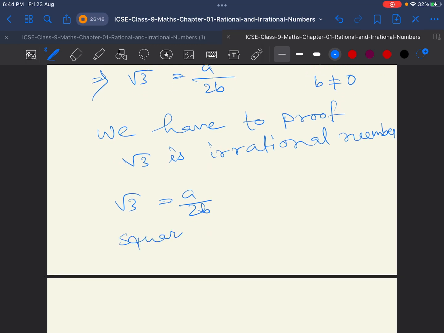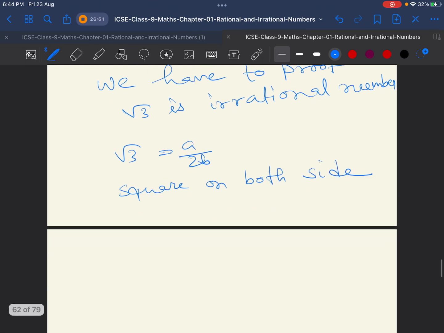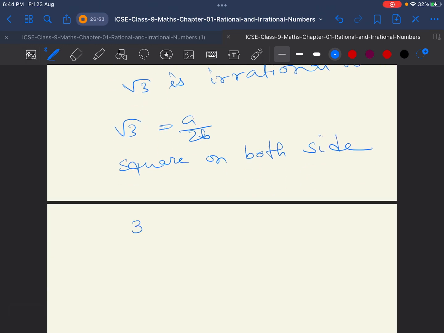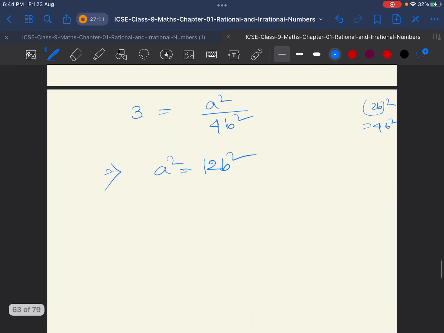Now square on both sides, so we get root 3 square is 3 equals a square by 2b square, 2b square, this is 4b square. Okay, so a square equals 4 into 3, 12b square. So here you see 12 is an even number.